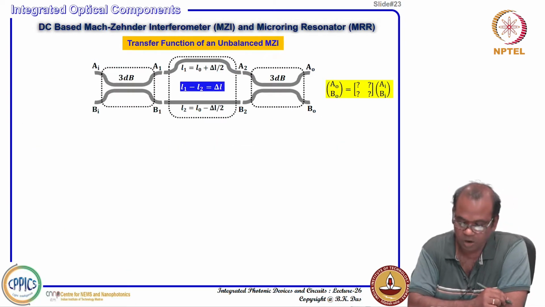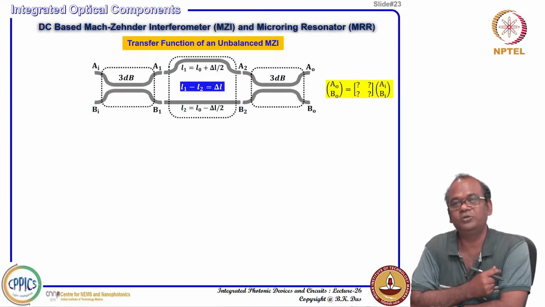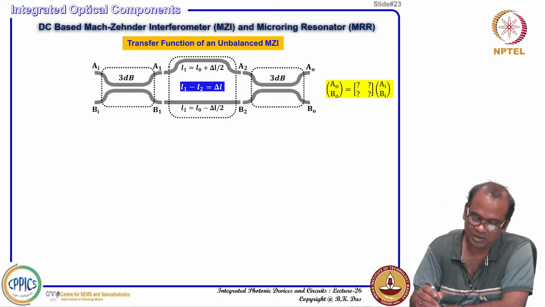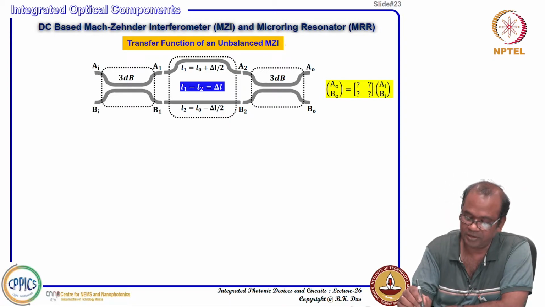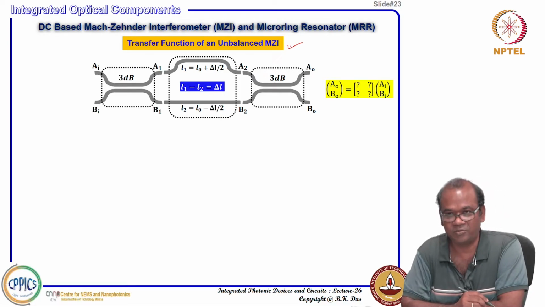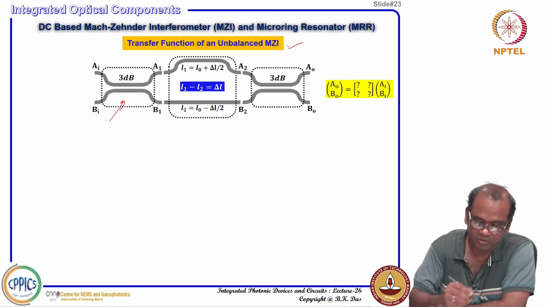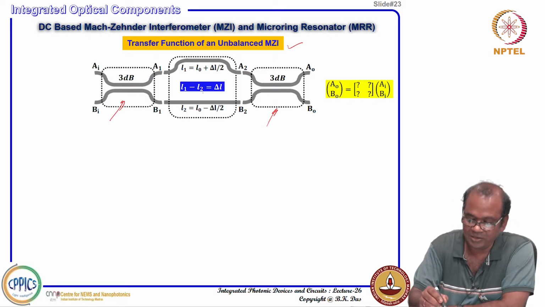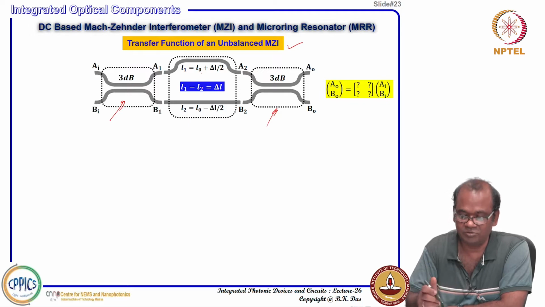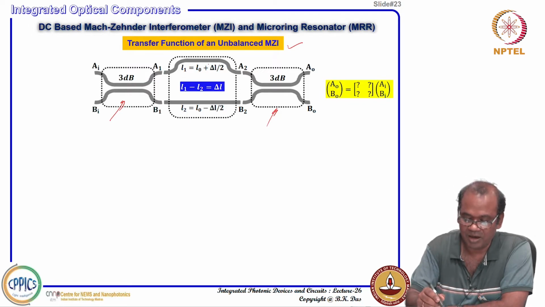Cool. So now we move on to discuss another important integrated optical component, called the unbalanced Mach-Zehnder interferometer. Why is it unbalanced? We will be using a 3 dB power splitter, but instead of balanced arms, the arm lengths are different, L1 not equal to L2.